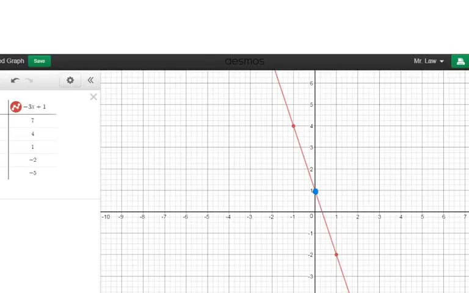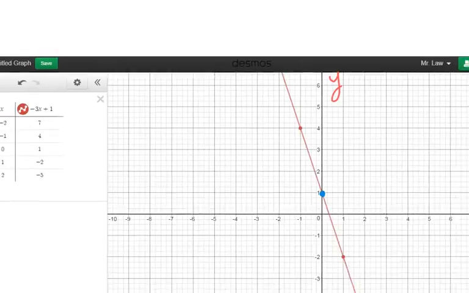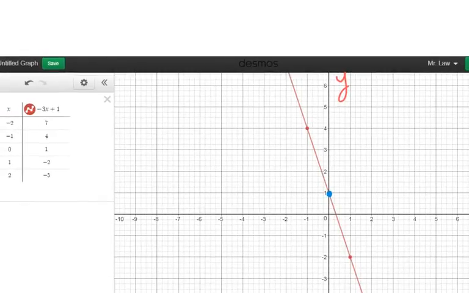Just for your own sake, this is the y-axis and this is the x-axis, if you forgot. Just by looking at the graph, we can easily determine that the y-intercept is equal to 1. And instead of saying y-intercept, I'm going to use its variable, which is b, so b is equal to 1.